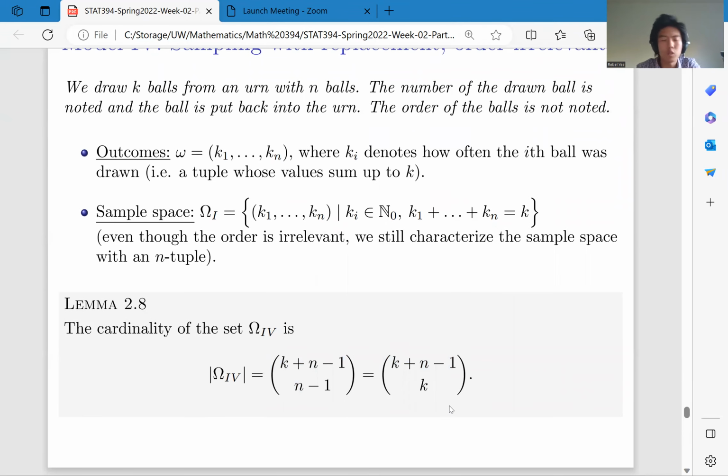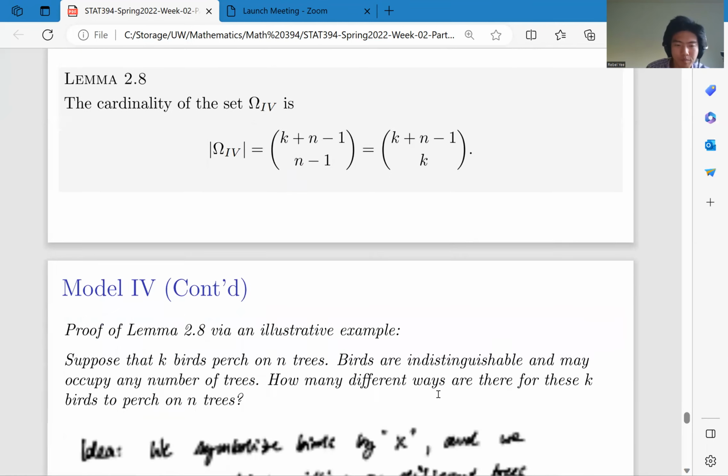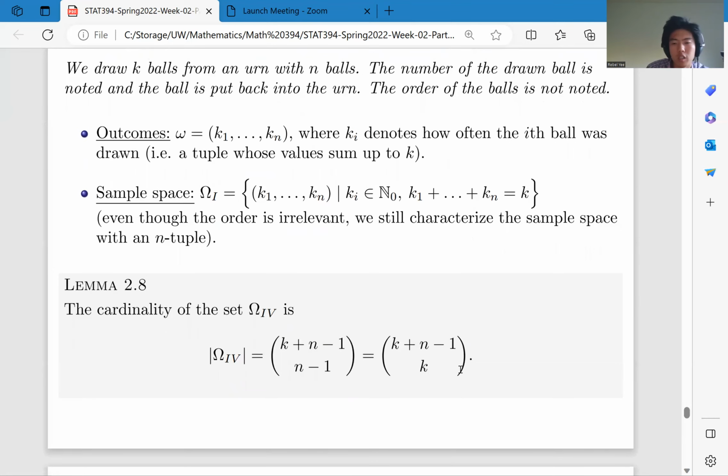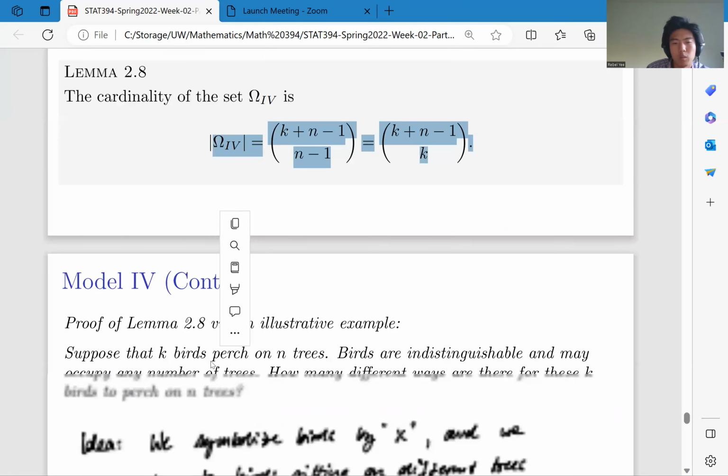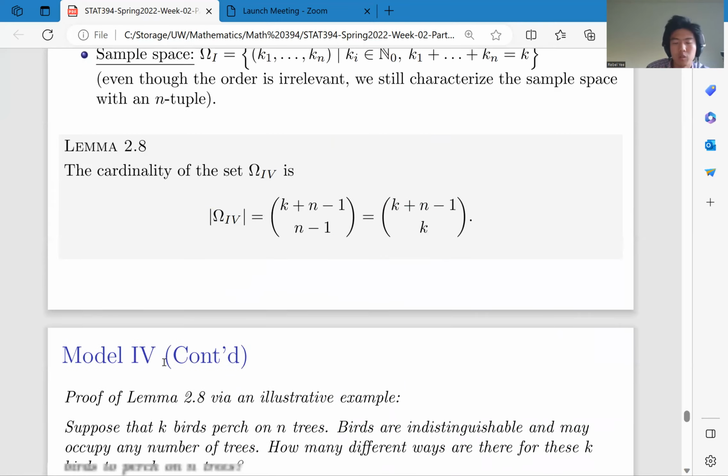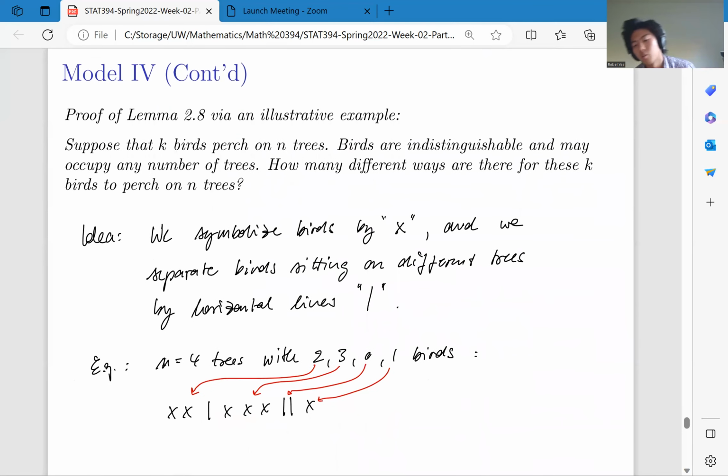So use the way that you think is easier for each question, but the result is exactly the same, just the writing is different. And why this is true, we can illustrate with an example. Suppose that there are k birds perched on n trees, which means birds are indistinguishable and may occupy any number of trees.